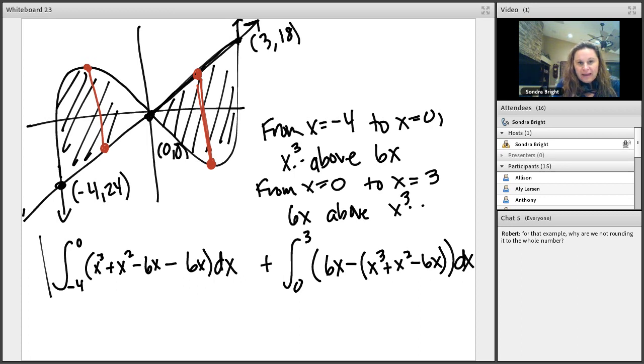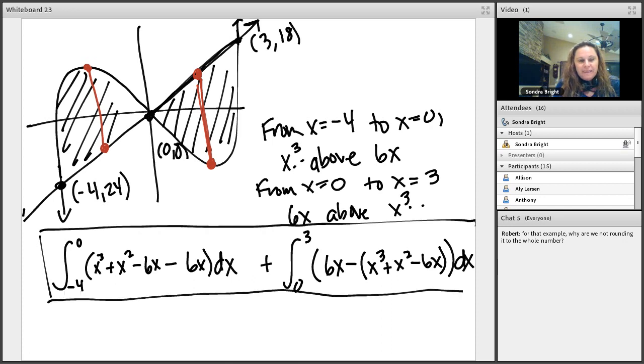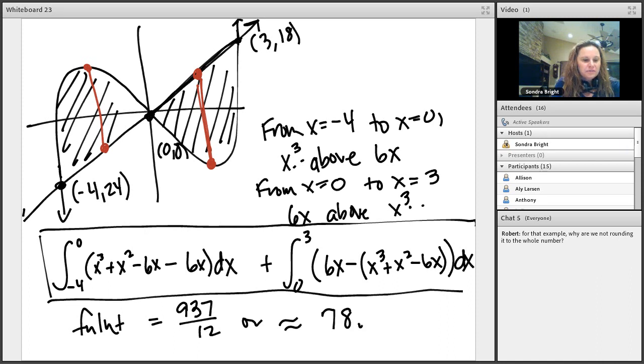You'll set it up like that, and then you'll stick it in your calculator, and fnInt should have given you an exact answer, 937/12. I did do it by hand though, so that's how I got it. Or it's approximately, which is how you're going to answer on the test, is just give the fnInt rounded to 3 decimal places.